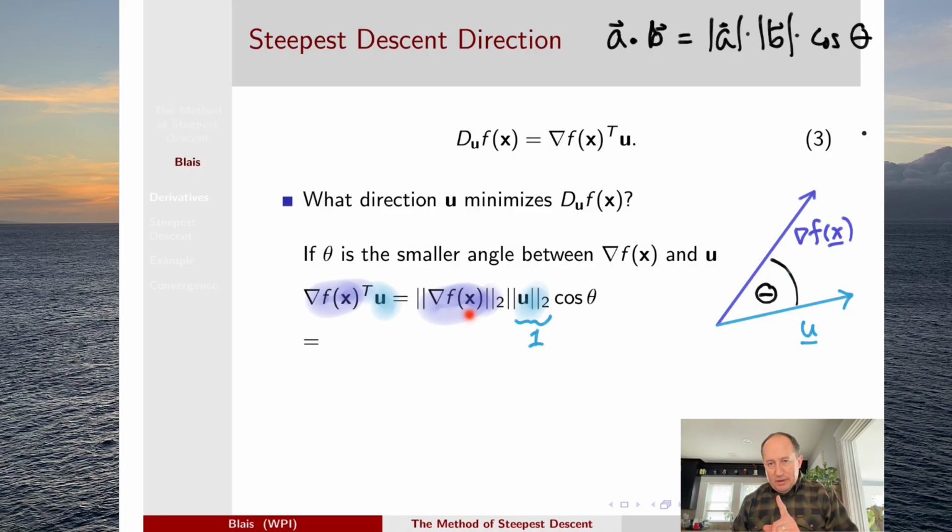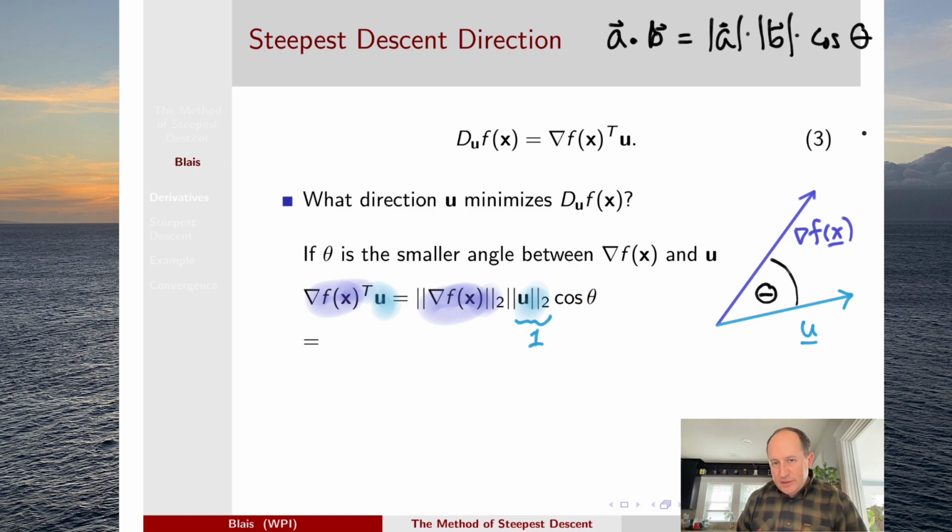And remember, the idea is we're looking in these different directions represented by varying the unit vector u. So as we vary that, what changes in this expression? All the u's are unit vectors, so this is always going to be 1. But this cosine theta changes as we move this u around.